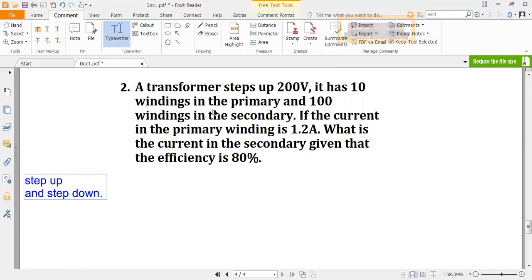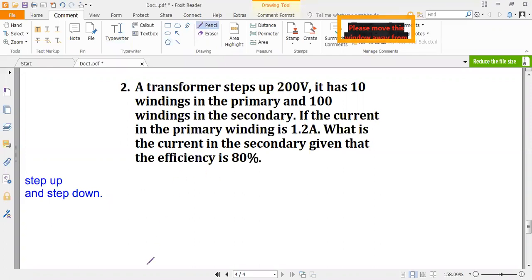For step-up, the number of turns in the primary coil is less than those in the secondary, whereas for a step-down transformer, the number of turns in the primary coil is more than those in the secondary coil. Another name you can give turns is windings, so you can choose to call them turns or windings.